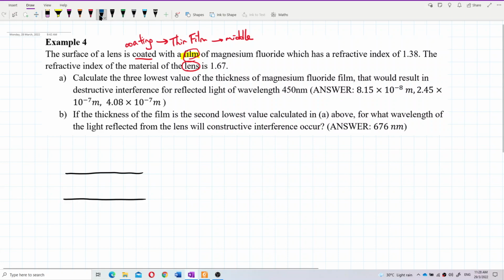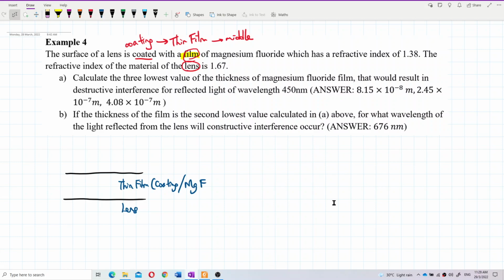And then the coating, which is the thin film, or the magnesium fluoride, is in the middle. And the upper layer should be the air.